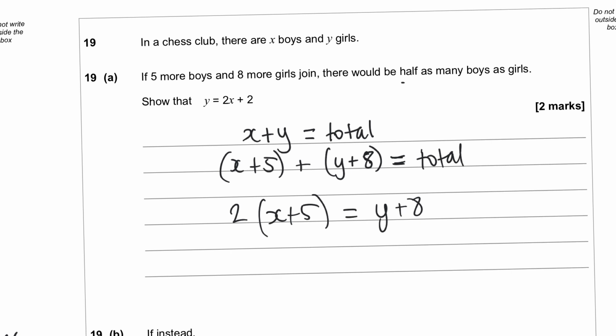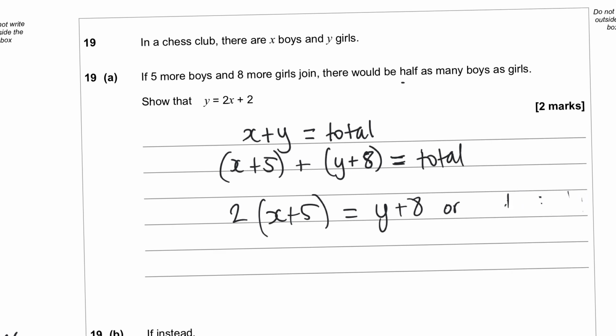Some people can write it as X plus 5 over 2, aka times a half, or X plus 5 is equal to Y plus 8 over 2, because half as many boys as girls. Anyway, we'll go with the first one that I wrote.